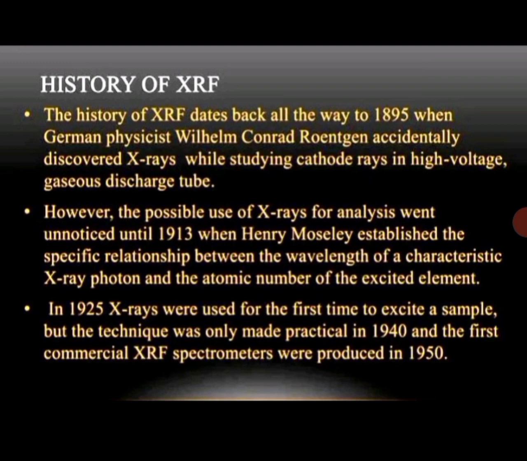However, the possible use of X-rays for analysis went unnoticed until 1913, when Henry Moseley established the specific relationship between the wavelength of a characteristic X-ray photon and the atomic number of the excited element. In 1925, X-rays were used for the first time to excite a sample, but the technique was only made practical in 1940 and the first commercial XRF spectrometers were produced in 1950.